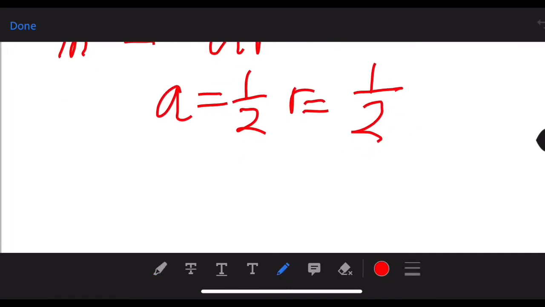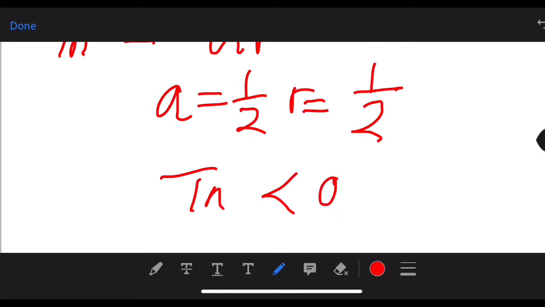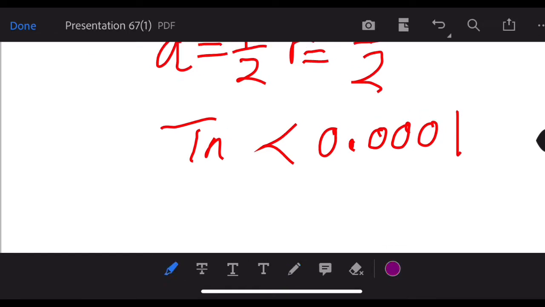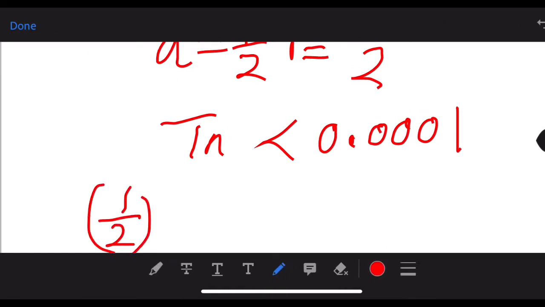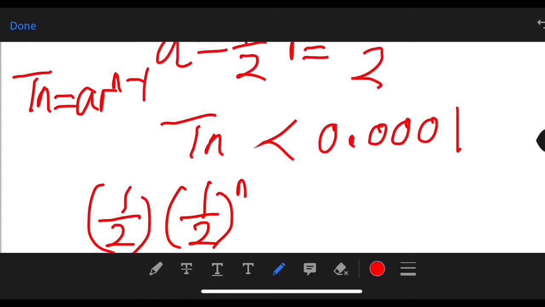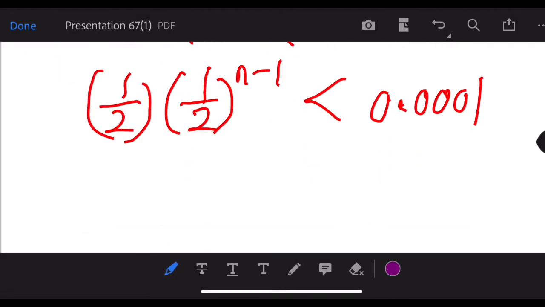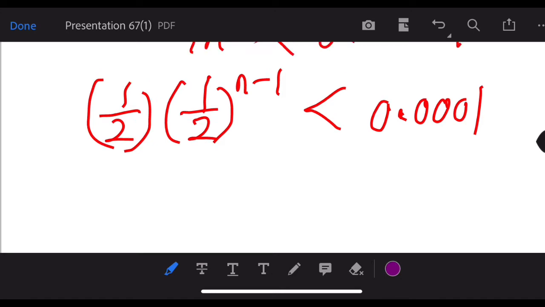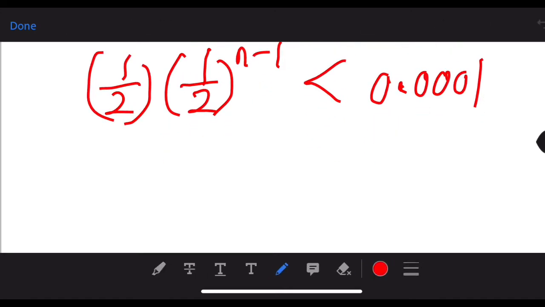So the Tn is less than 0.0001. 1 over 2, R also 1 over 2, and n is the one that we need to determine, less than 0.0001. Now the moment you want to simplify, it's a half, right?